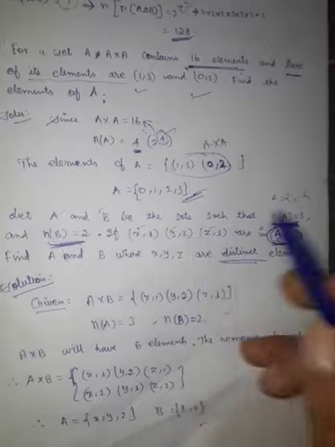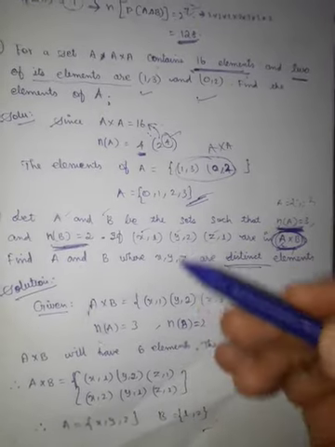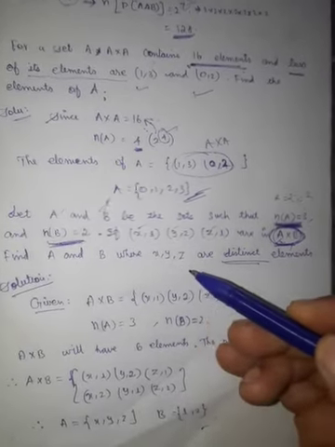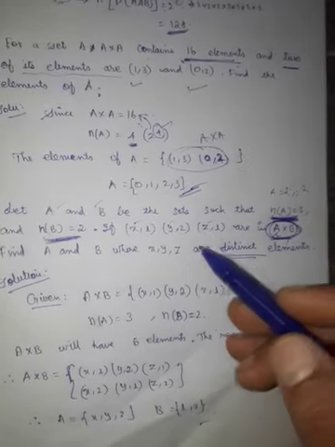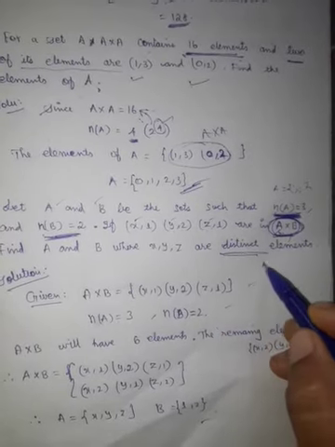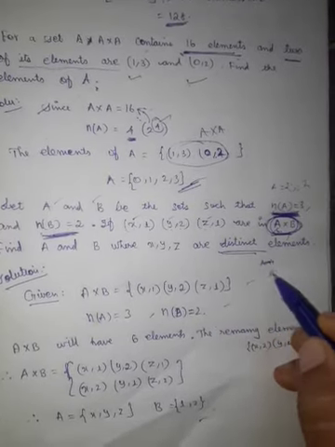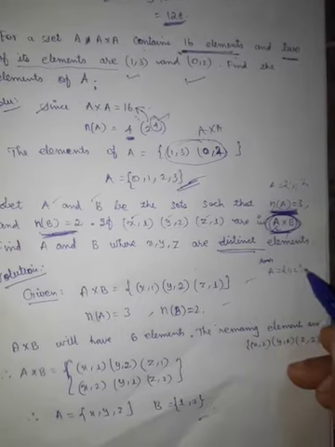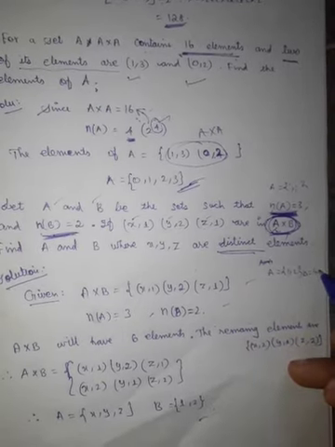In your previous first four sums, and in 10th standard also, you can write A cross B. Suppose two sets are given, A equal to 1, 2 and B equal to 4, 5.